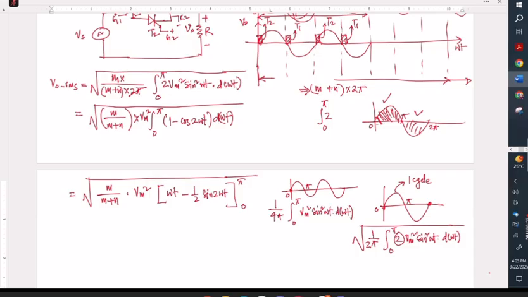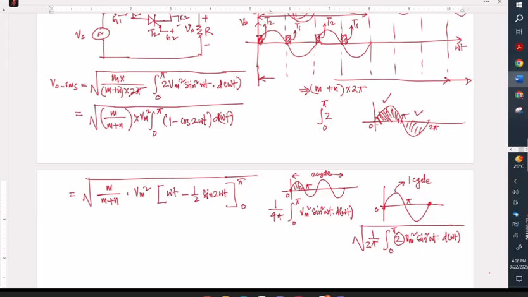So now, how many of this will you have within the cycle? How do you get 4? 2 cycles multiplied by 2 for each cycle, right?